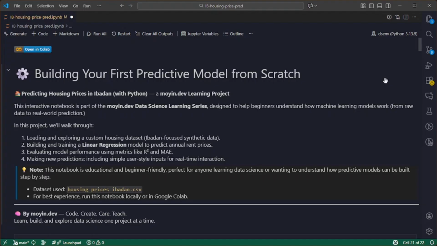So yes, moving into it, we have building your first predictive model from scratch. This is to tell us that in the upcoming class, that's a paid class, this is a project that our participants, our students, will be getting hands-on with.